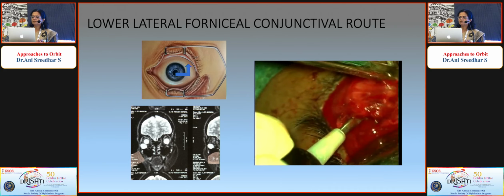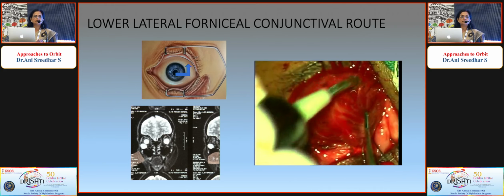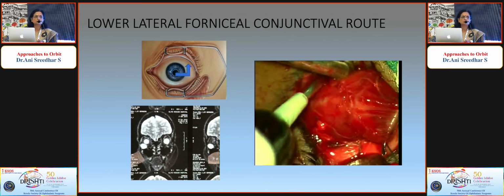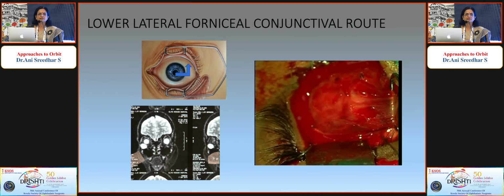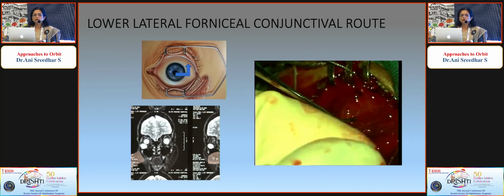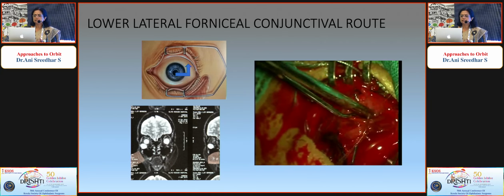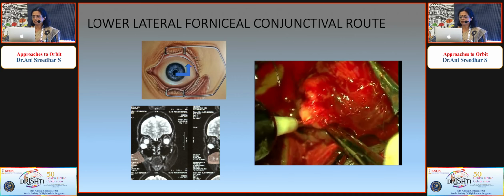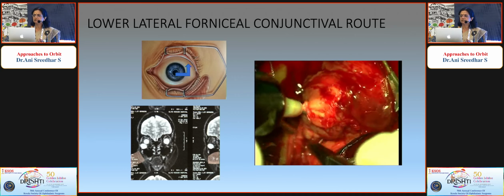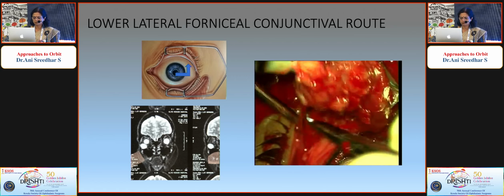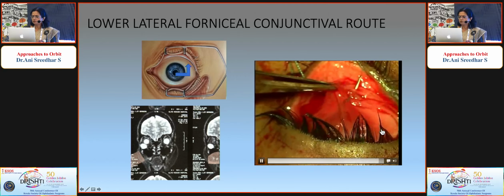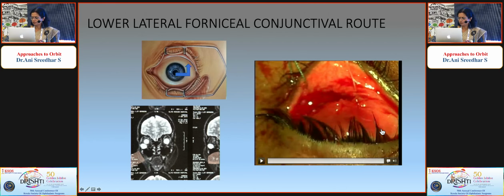After consulting with Dr. Meena, the squint surgeon in the next room, we decided to sacrifice the muscle. When you are cutting the muscle, you always have to put sutures and cautery. I have not used a cautery here, but you have to cauterize the edges of the cut muscle, otherwise it can bleed post-op. So that mass was removed and the conjunctiva was sutured.